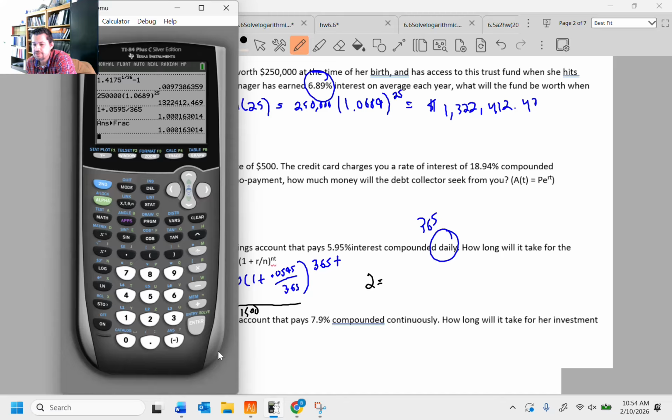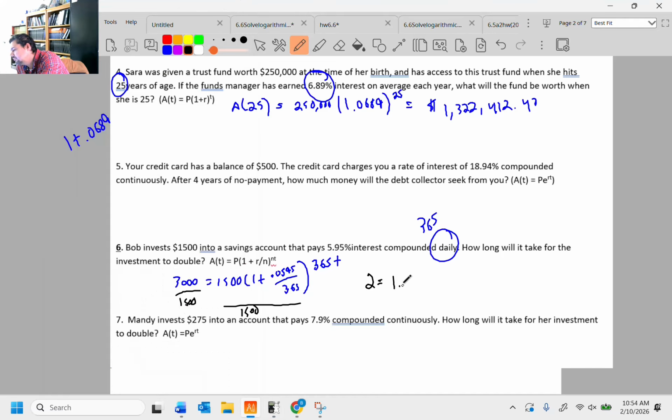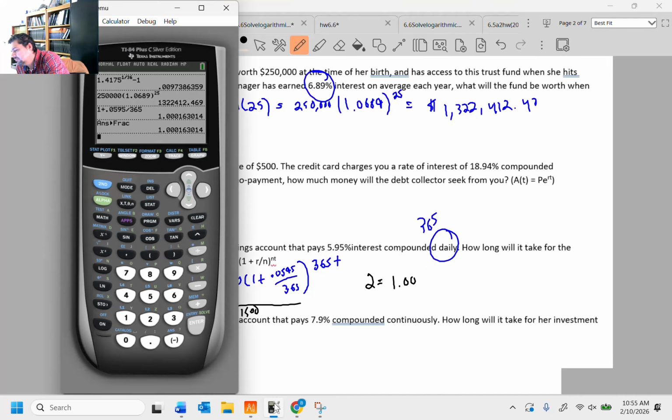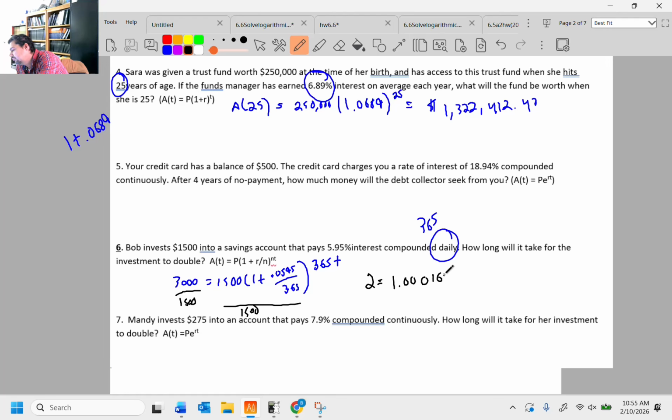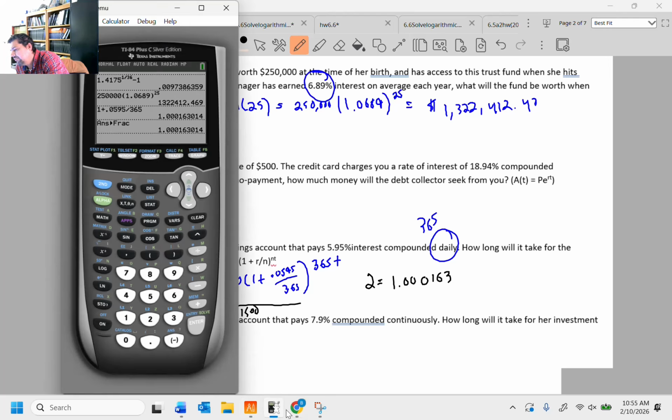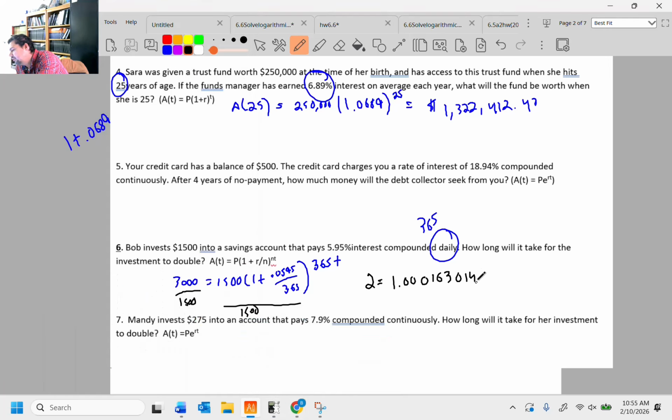We're not going to round this thing because then we get off. And that's to the 365t. Now this thing is ready to become a logarithm.